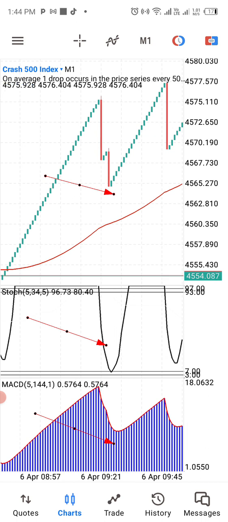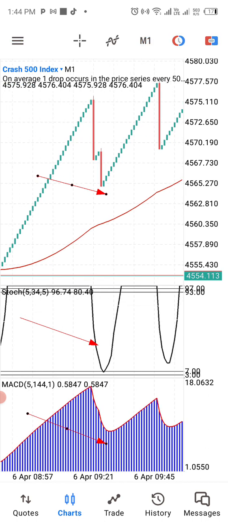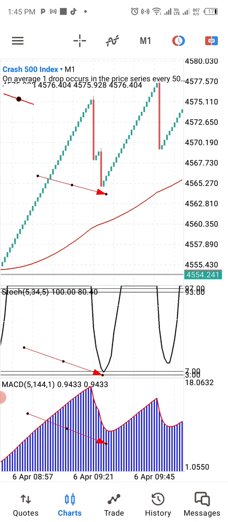And the last condition is our stochastic line must touch 7. It must not touch 3. If this stochastic line moves and extends to 3 level, that means the signal is invalid.